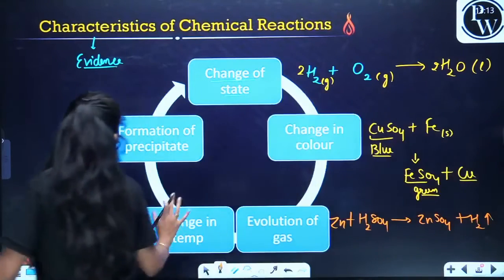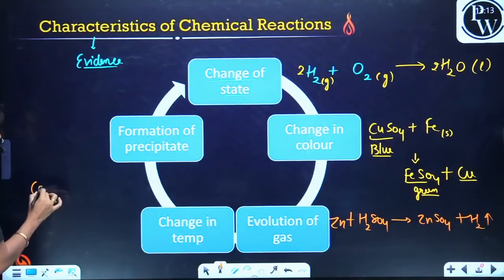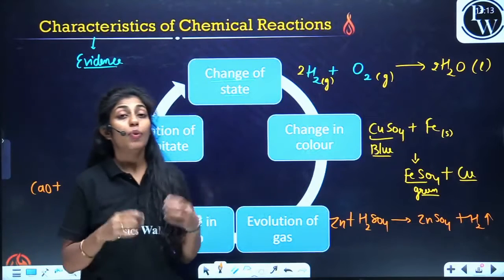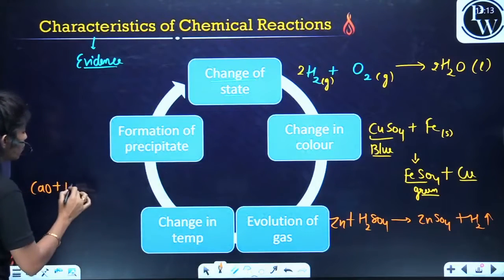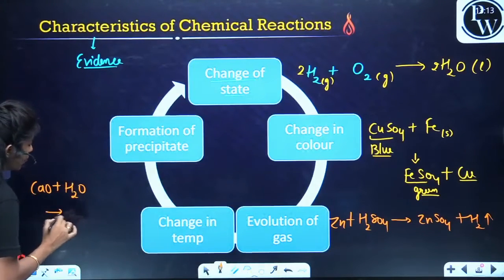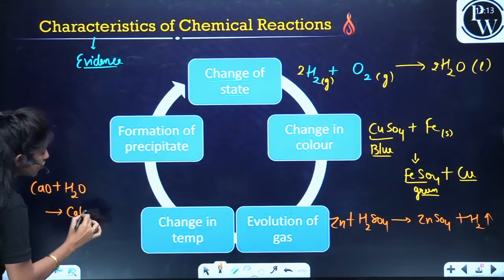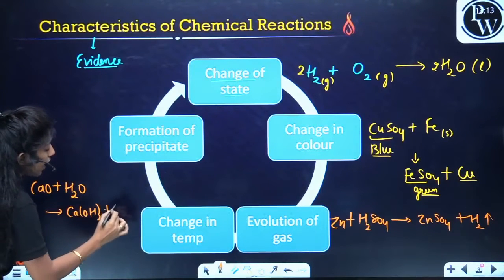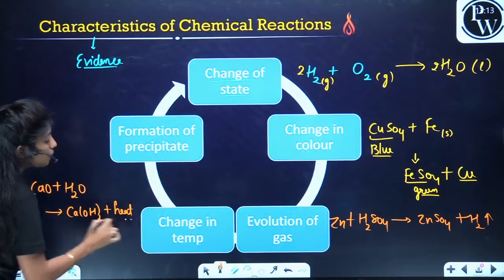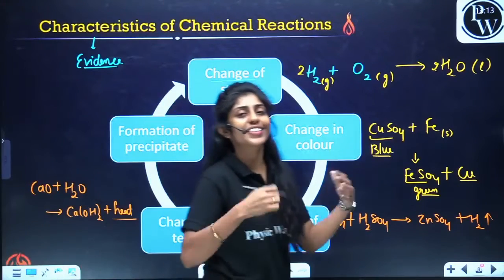Next, we have change in temperature. Suppose I have calcium oxide, which is used for whitewashing. I will be adding water to it. It will give me calcium hydroxide and a lot of heat will be released. How would I know heat is releasing?